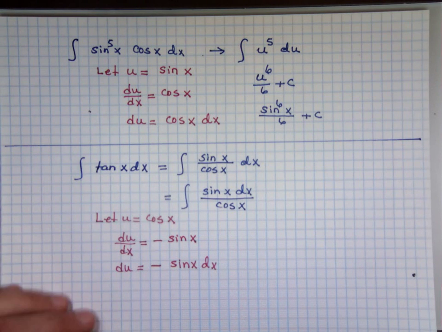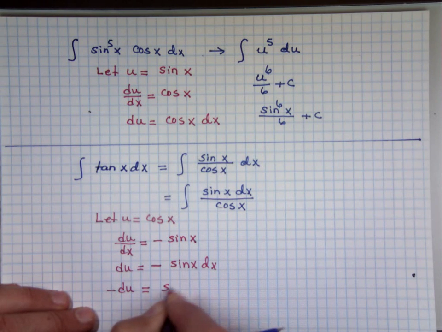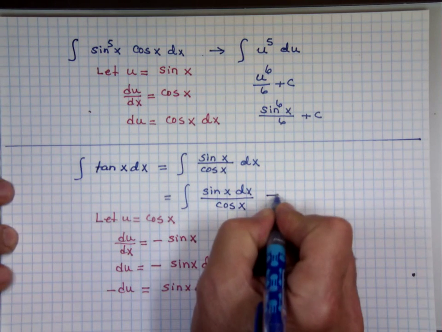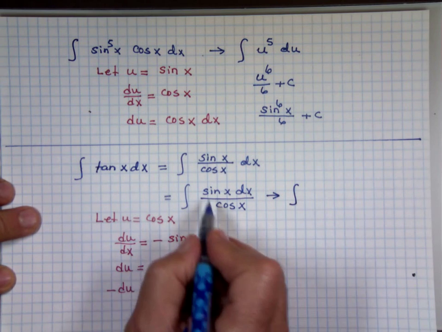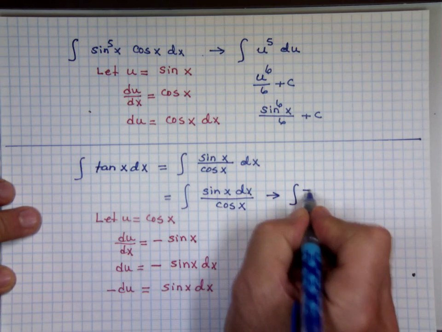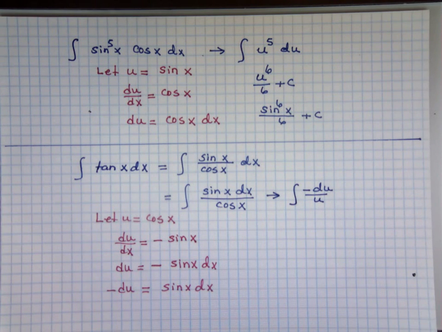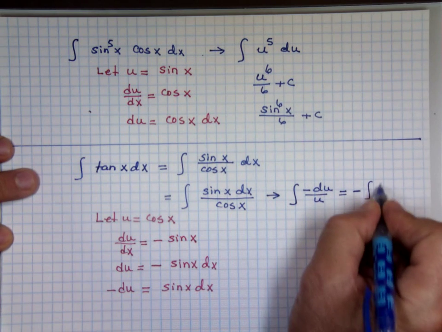So negative du equals sine of x dx. So you can take this problem now and change it to the integral of negative du over u. You can take the minus outside: 1 over u du.